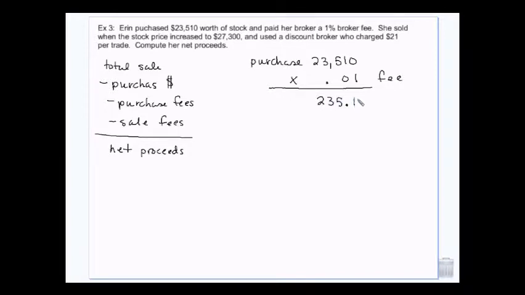And this is the purchase fee. Okay. When she sells the stock, she uses a discount broker. So her sale fee is $21. It's a flat rate.